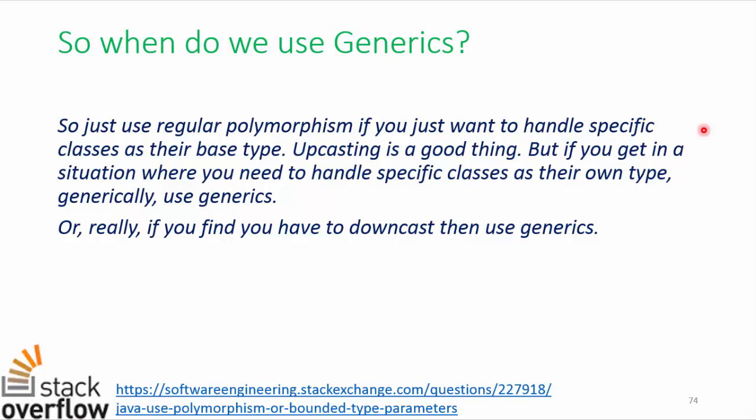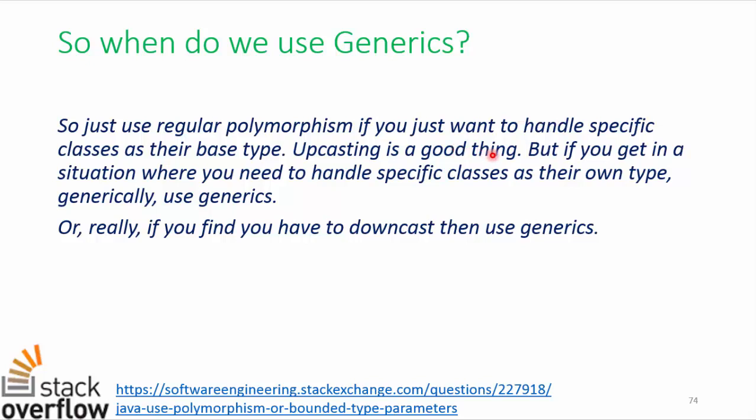The question is, when do we use a generic method with a type bound parameter? And when do we just rely on polymorphism? The answer is just use regular polymorphism if you just want to handle specific classes as their base type. So an integer and a double, for example, you are just going to handle them as numbers.